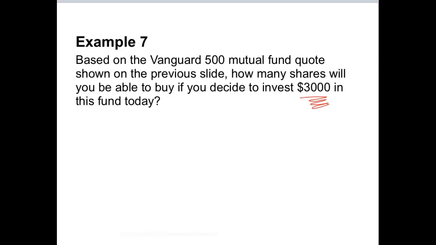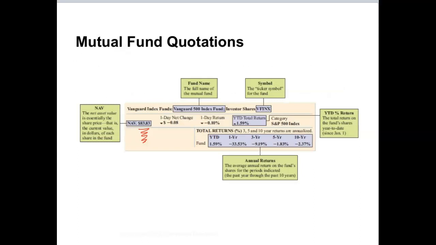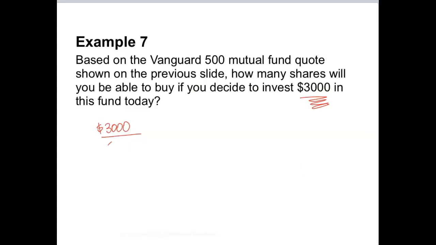In mutual funds, you can. And this is as easy as, okay, well, we're investing $3,000, and what do these cost per share of the index fund? I'll just divide it into that. We said it's $83.83. So if I divide that out in my calculator, we end up with about 35.8 shares.